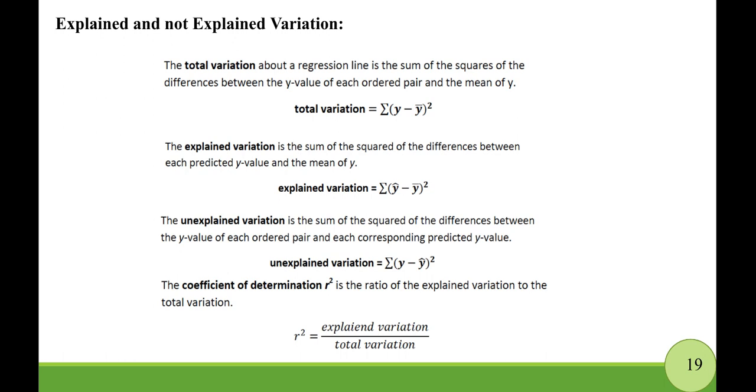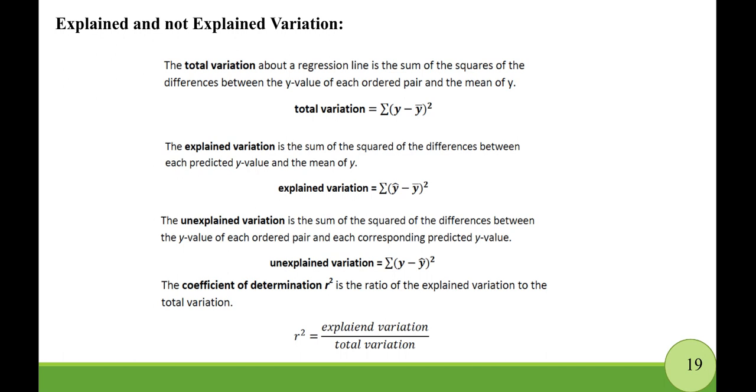Another thing that the paper talked about a lot was explained and unexplained variation. I want to give you a definition so we are on the same page. These are statistical terms.